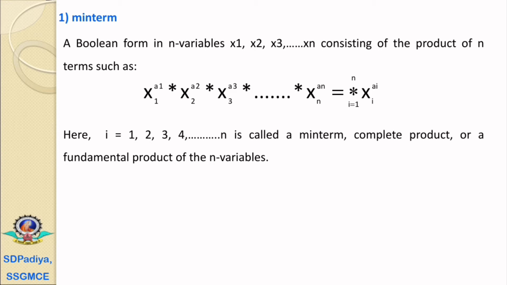There are two types of Boolean functions. One is a min term and the second is a max term. First we'll see what we mean by min term.